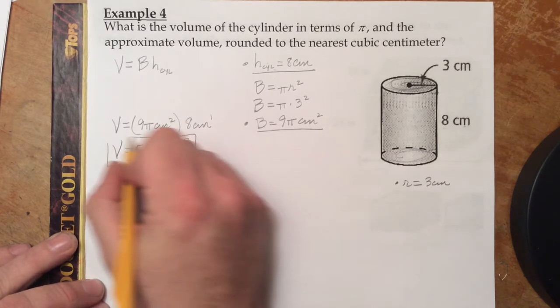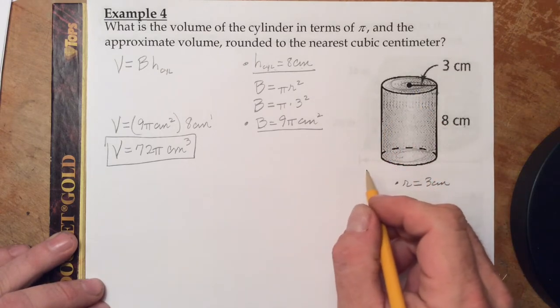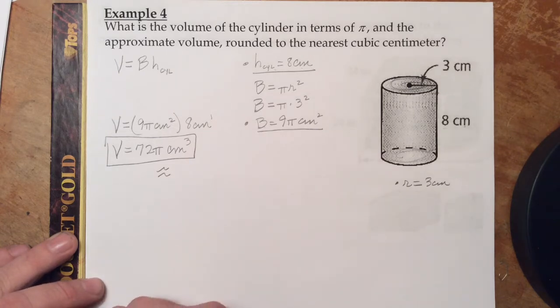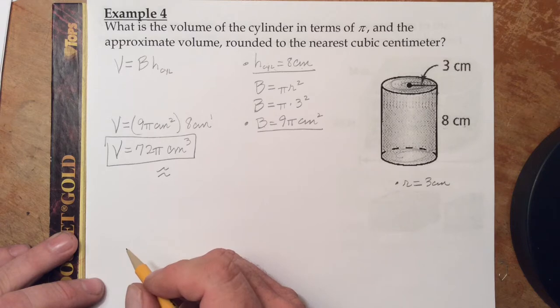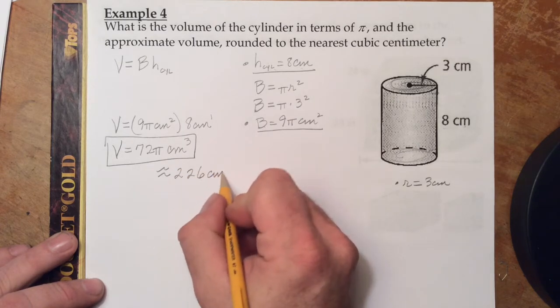The exact volume of this cylinder is 72 pi cubic centimeters. Taking a calculator, for the approximation rounded to the nearest cubic centimeter, 72 times pi is about 226 cubic centimeters.